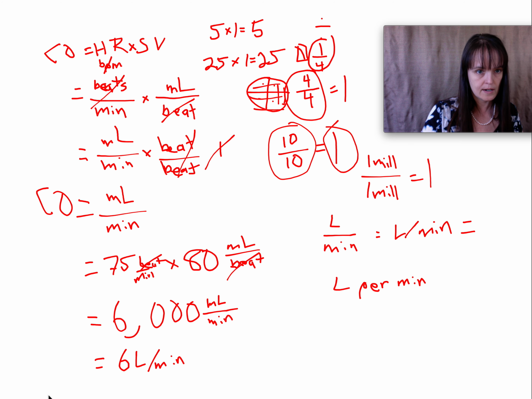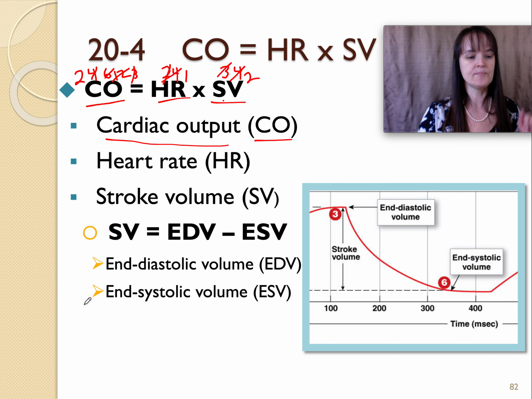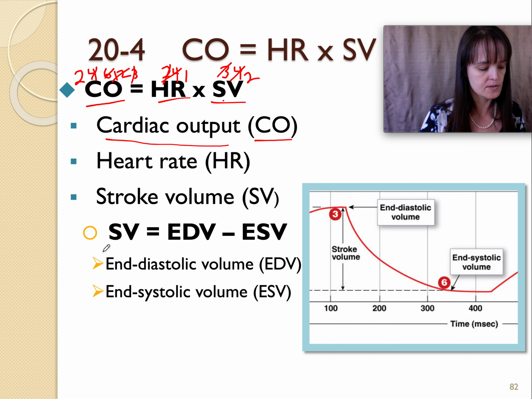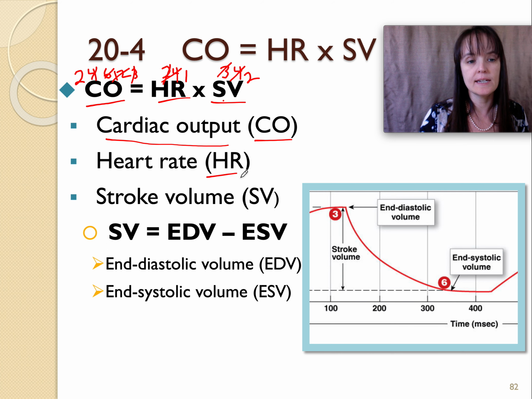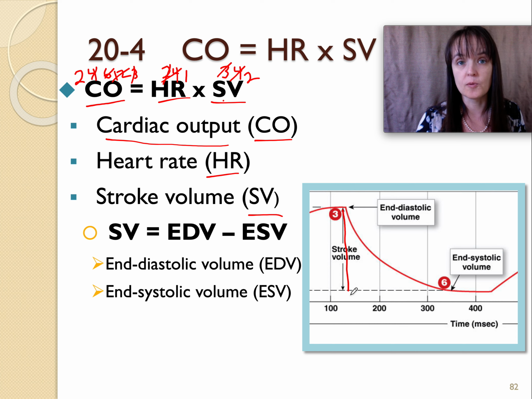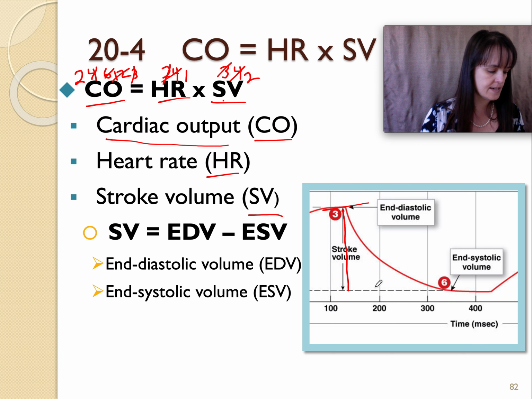Okay, going back. So our heart rate is, of course, how many beats per minute, how fast your heart is beating. Stroke volume is the amount of blood that you move with each heartbeat. Next, how do we calculate stroke volume? It's end diastolic volume minus end systolic volume.